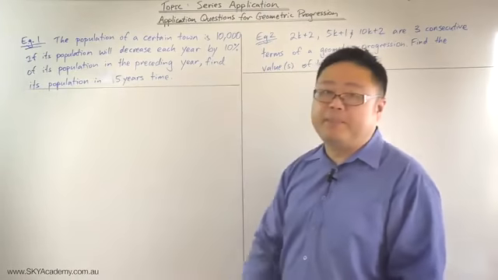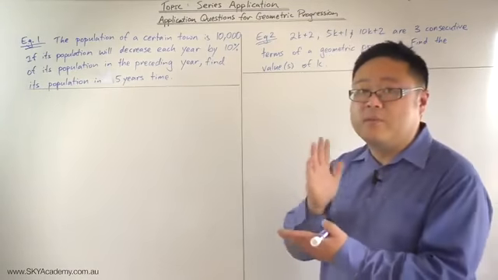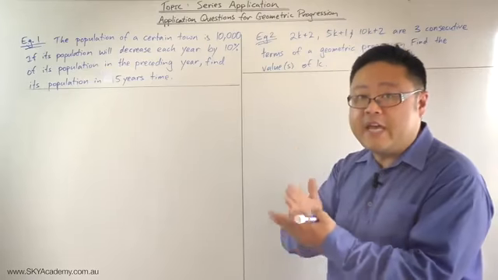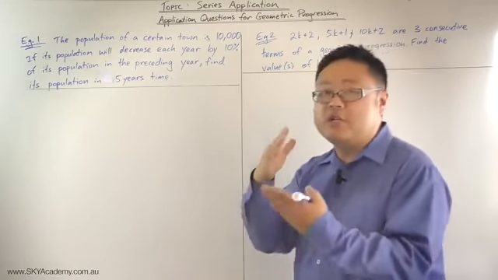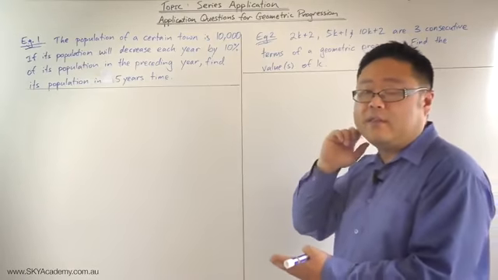It says find the population in 5 years' time. So in other words, what we want is T5, the population in the fifth year, or at the end of the fifth year.